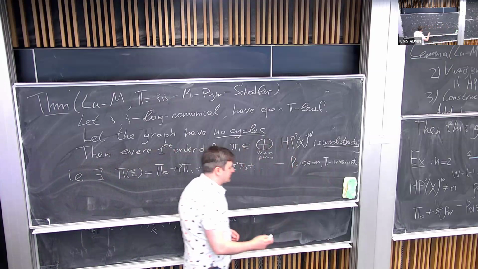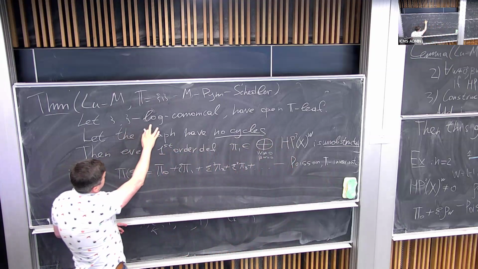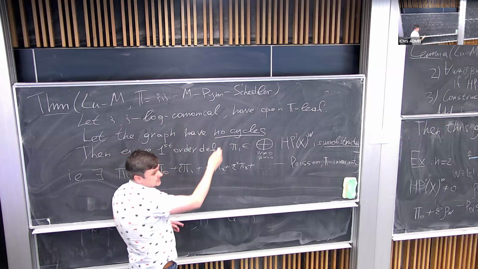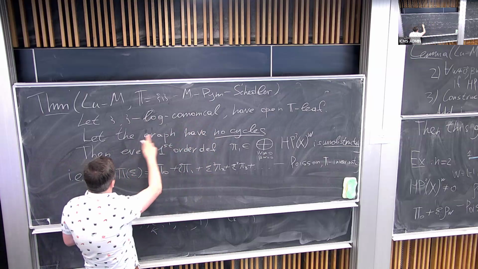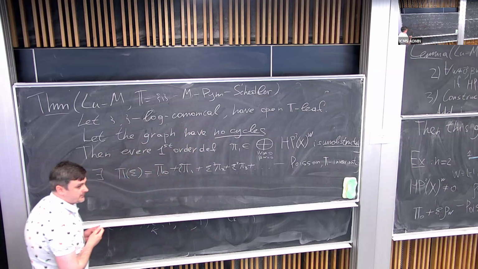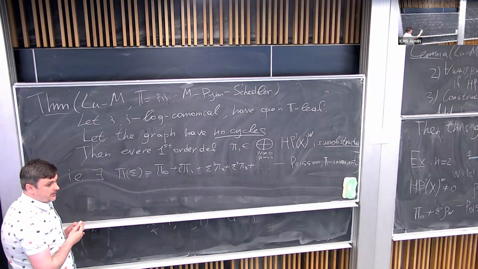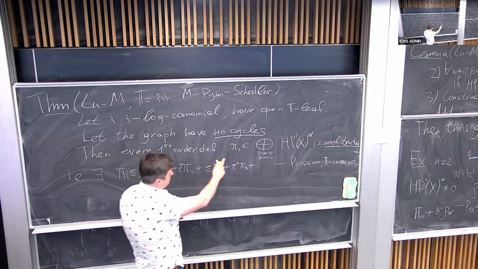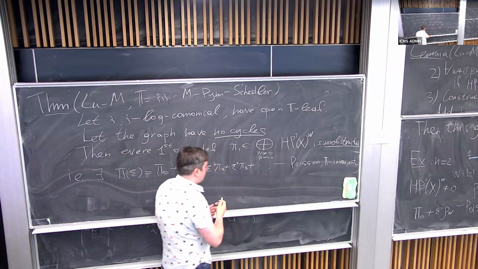Your assumption is that you have a log-canonical bracket, which is also log-symplectic, so it has maximal rank generically. In that case, you don't even need the no-cycle assumption. The statement is that any first order deformation that lies entirely in non-zero weights is unobstructed in this sense.